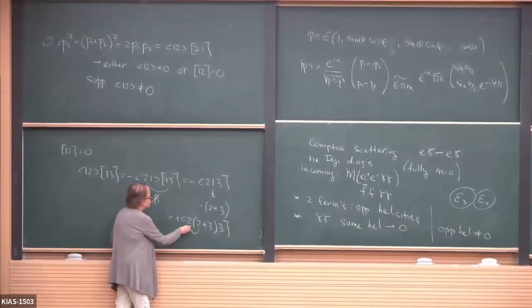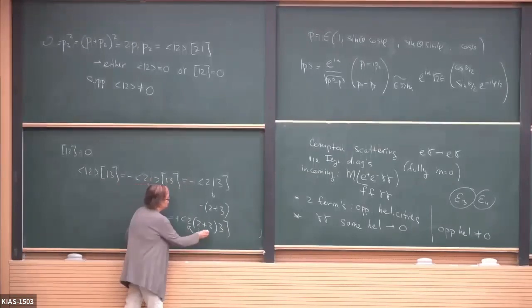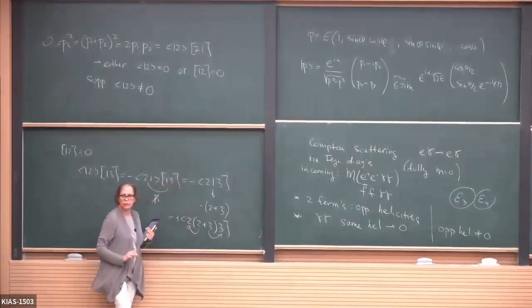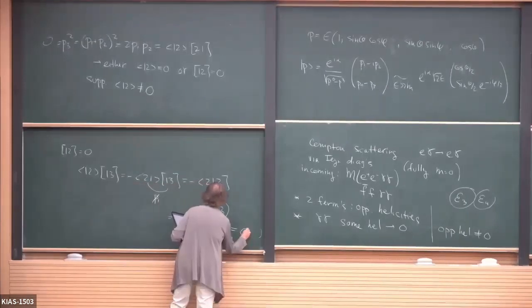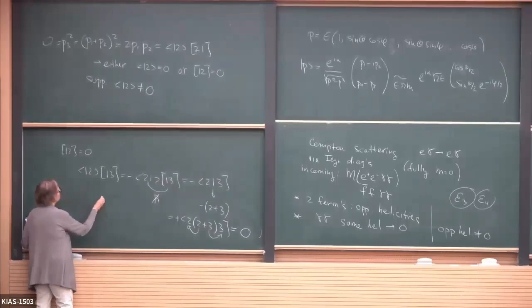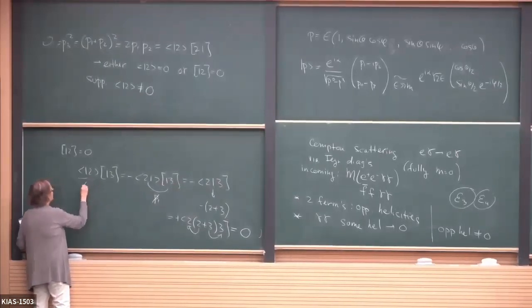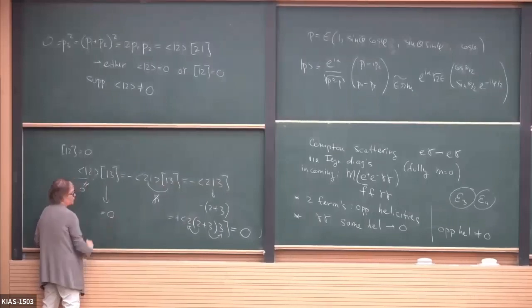So p2 acting on this side gives me 0 because of the Dirac equation. And p3 acting on this side gives me 0 because of the Dirac equation. So altogether, I get 0 here. So what we find, remember, is this guy was non-zero, so this guy here has to be 0 too.